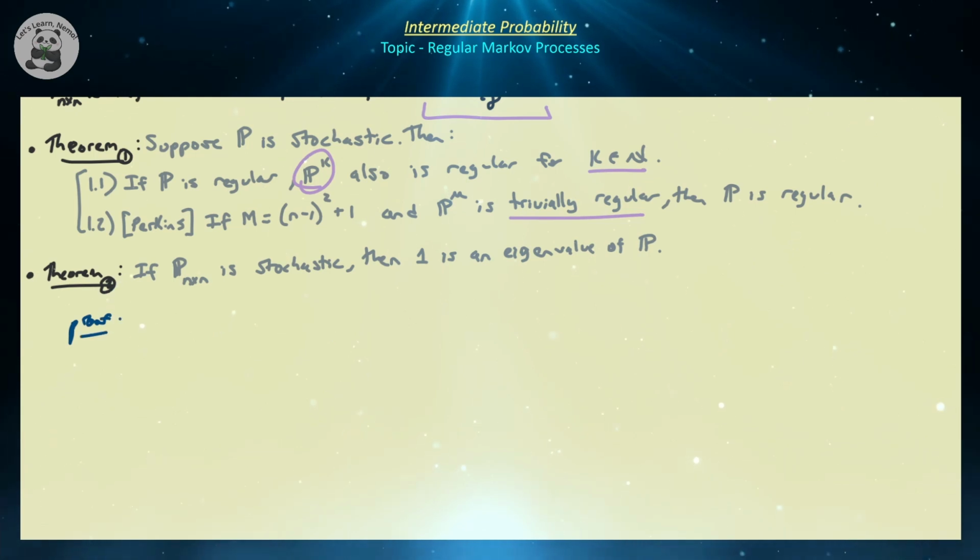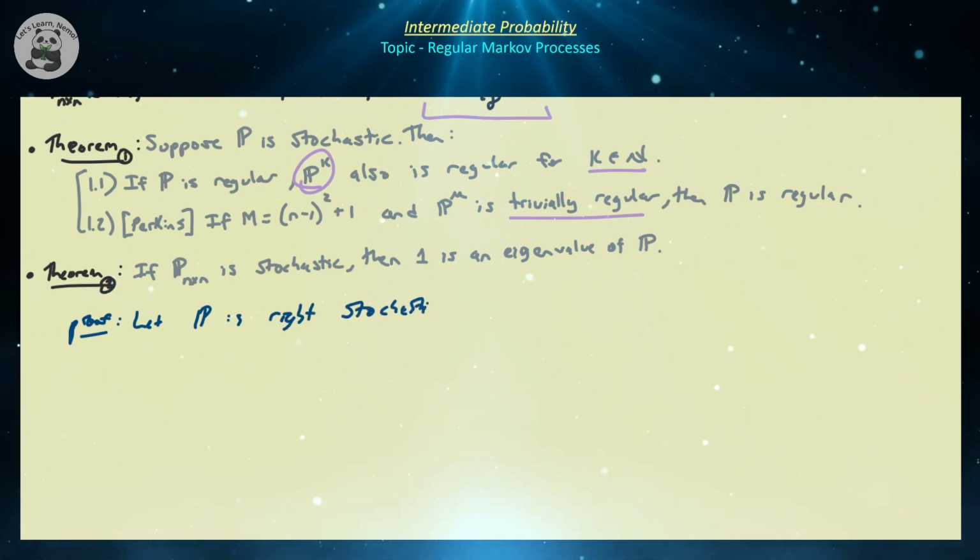So let's see if we can provide a nice little proof for this. Let's assume that P is right stochastic. I know that we've been primarily working with left stochastic matrices, but the proof of this is actually a little bit more direct in the right world. So when we say that P is right stochastic, that means the sum across all columns j equals 1 to n of P_ij is going to be equal to 1.